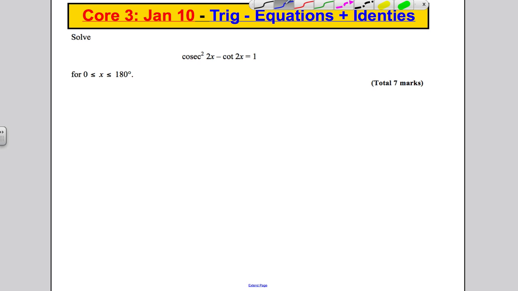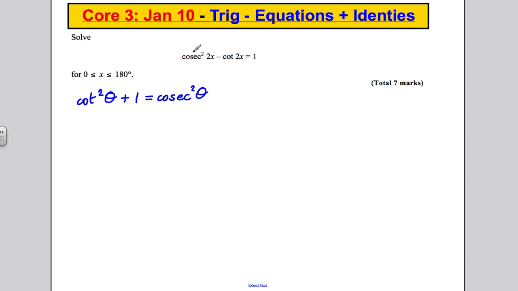Okay, working through this, we can't solve any of these until they're all in terms of cot squareds, for example. So we should know the identity that cot squared theta plus 1 is equal to cosec squared theta.